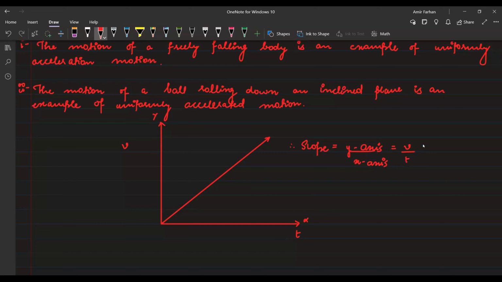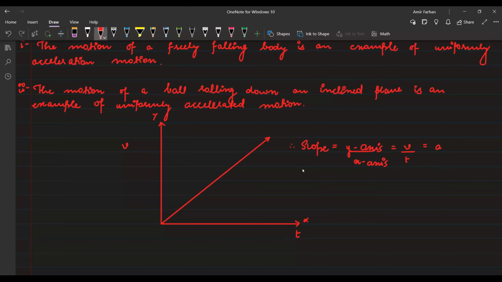So velocity by time is what? Acceleration. Suppose initial velocity is 0, so v minus u will be v by t. Yes or no?